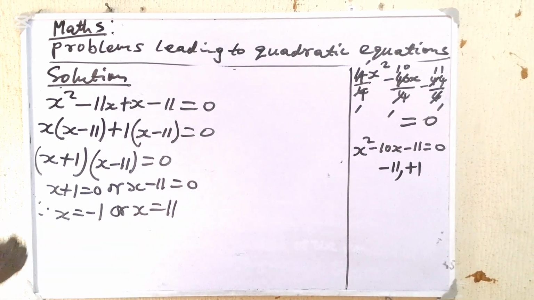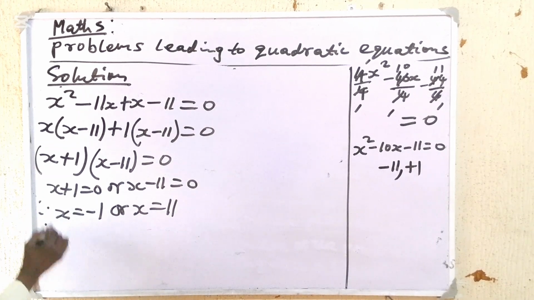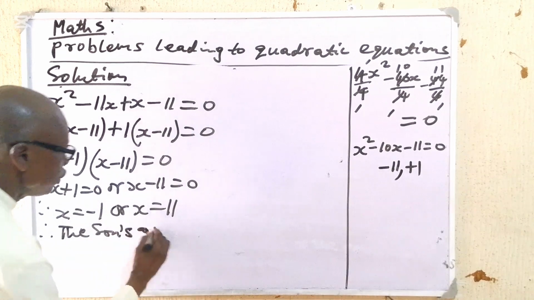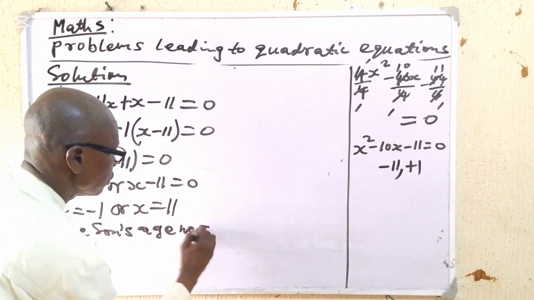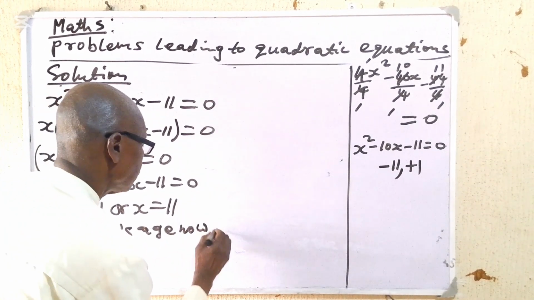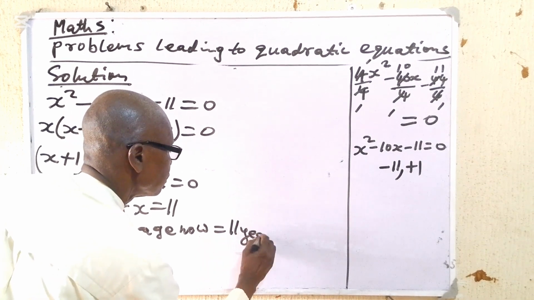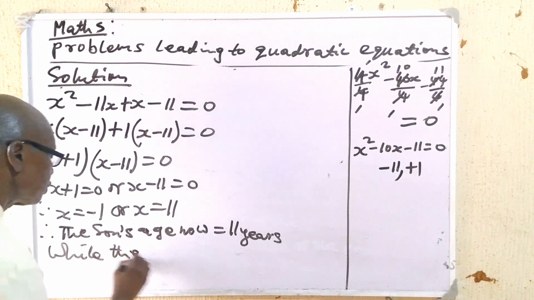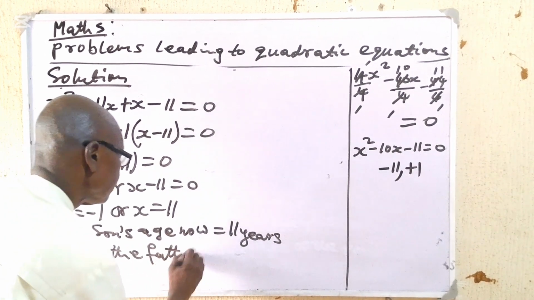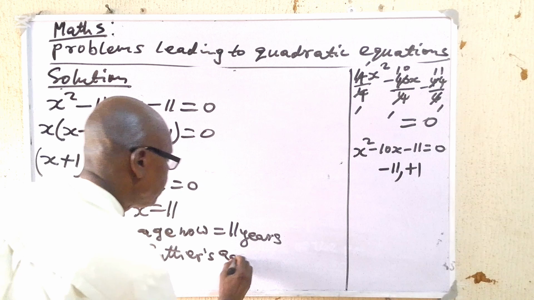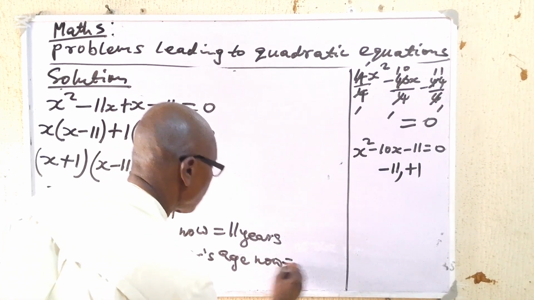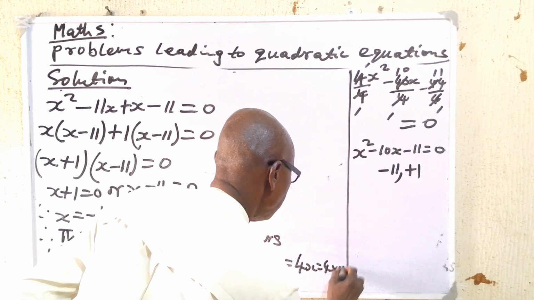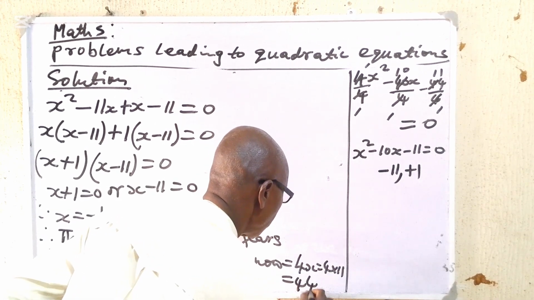That shows that we can continue by saying that therefore the son's age now equal to 11 years, while the father's age now equal to 4x, which is 4 times 11, and that is 44 years.